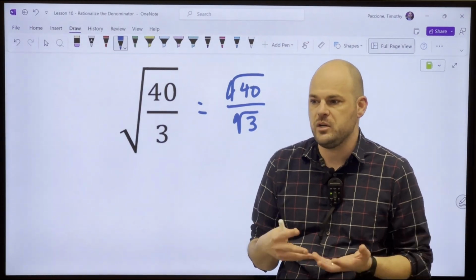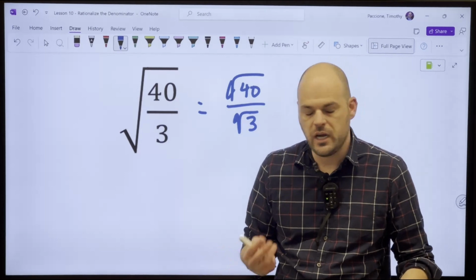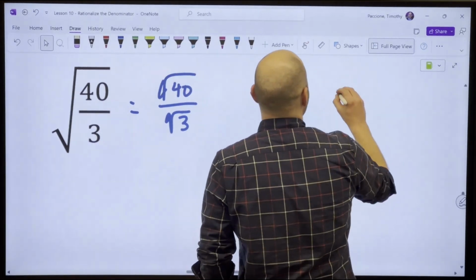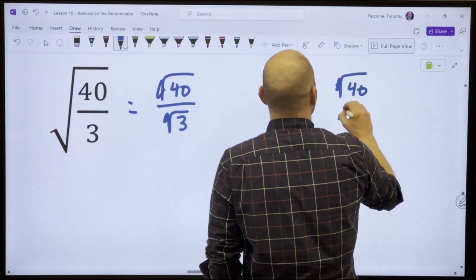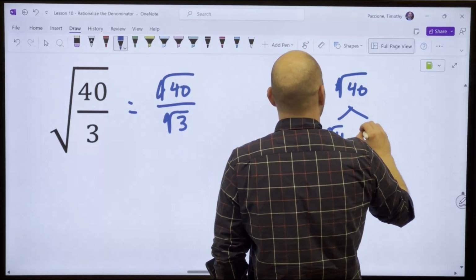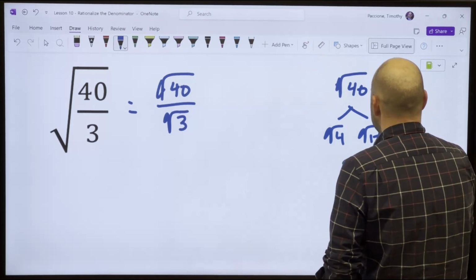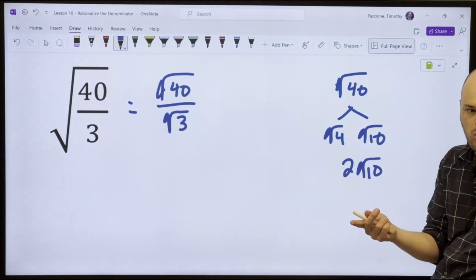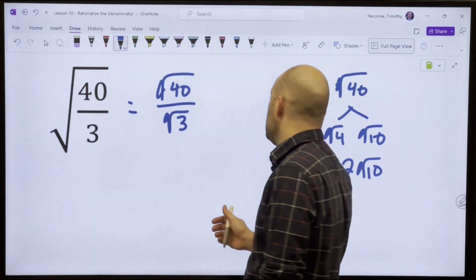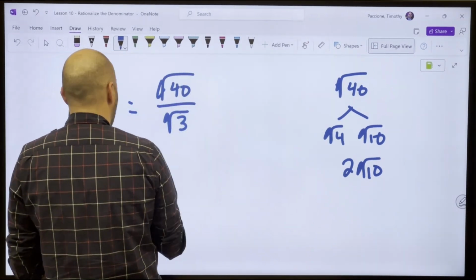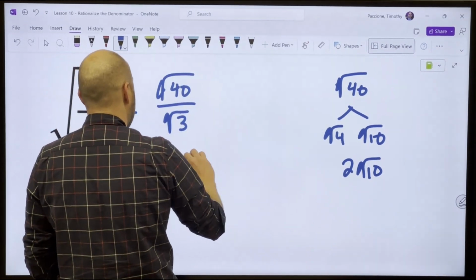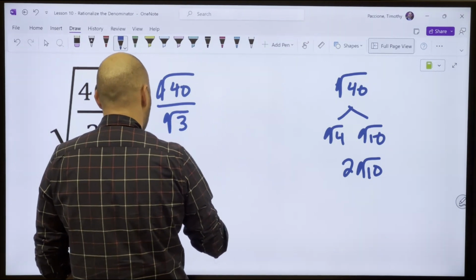Square root of 40 might be pretty clear to you: that's 4 times 10, and that's 2 square root of 10. It might not be as clear when you get to 120. So square root of 40 becomes 2 square root of 10 over square root of 3.